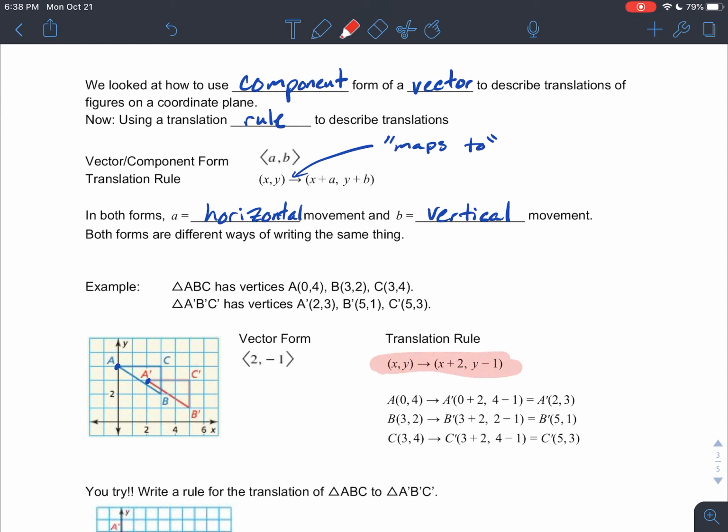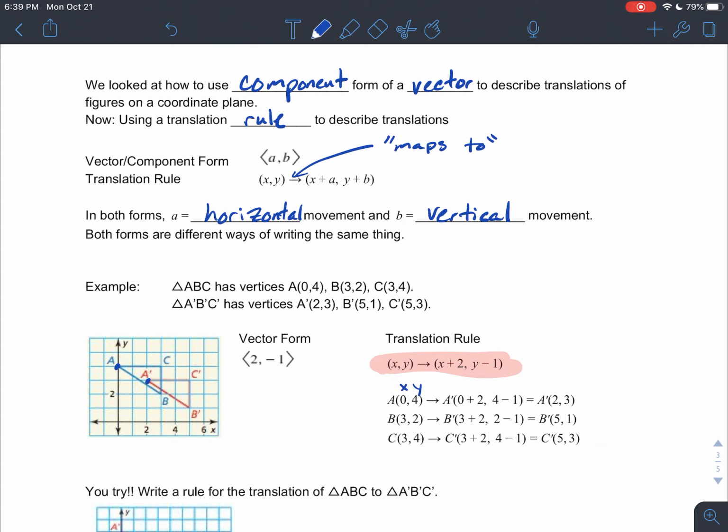The neat thing about the translation rule is that if you know what the rule is, you can use it to find the new points without ever graphing it. So if A is at 0, 4, well, this is my x and this is my y. So x plus 2, 0 plus 2, A prime is 2, and y plus b, so 4 plus negative 1, or 4 minus 1, is 3.